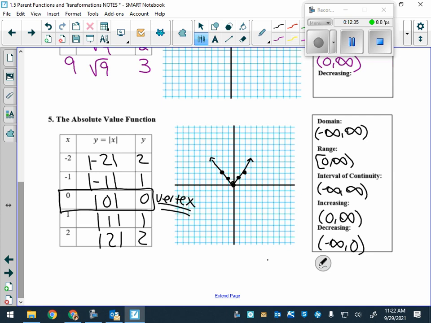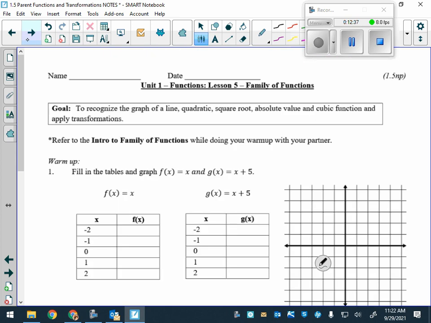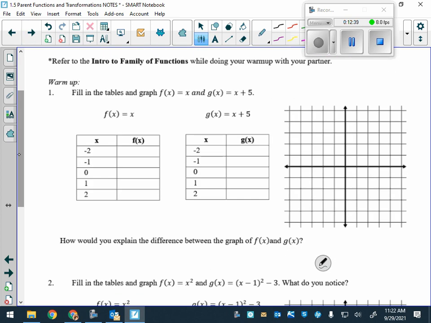I'm going to pass out the next packet, and with a partner or someone near you, I want you to try this warm-up, which is number 1 and 2. You have your parent function, f of x equals x, and f of x equals x squared, plus you have a g of x function for each. I want you to see if you notice any changes.